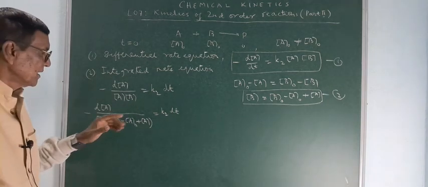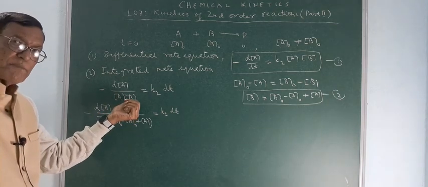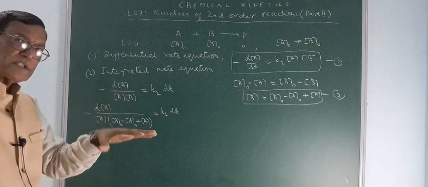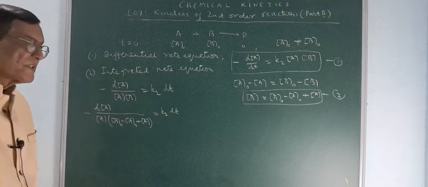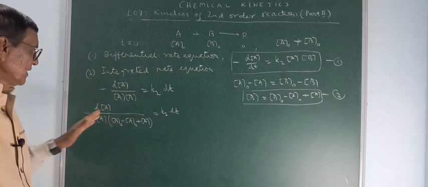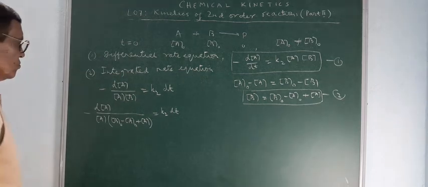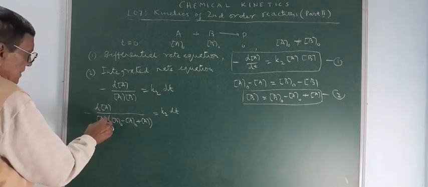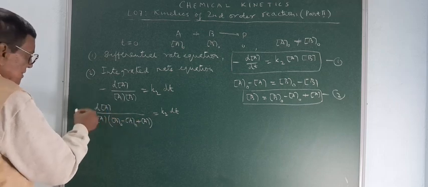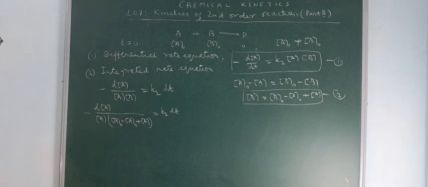Now the concentration of B is replaced in terms of the concentration of A. So the right hand side has the T variable, and the left hand side has only the A variable. This product could be split into two terms.